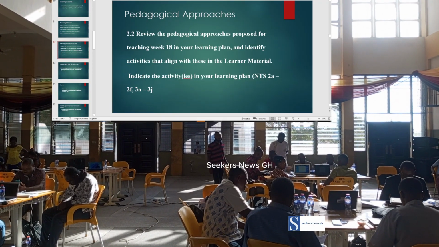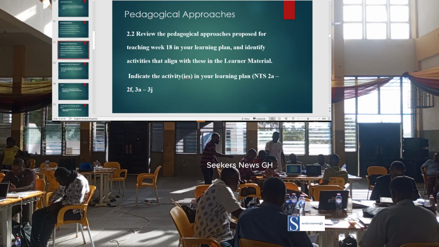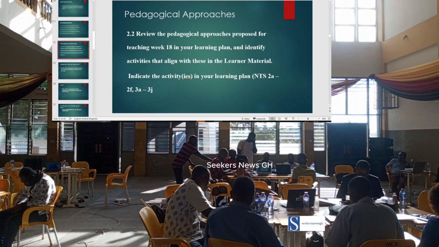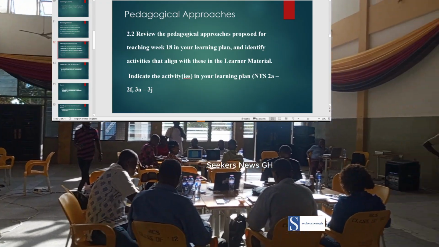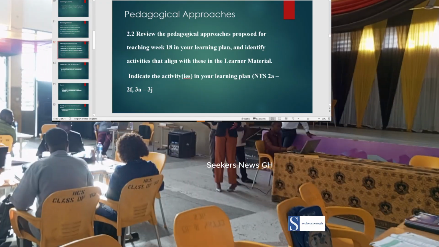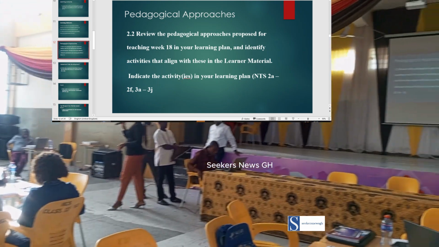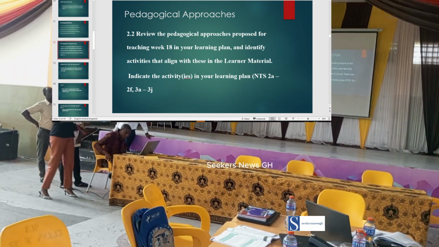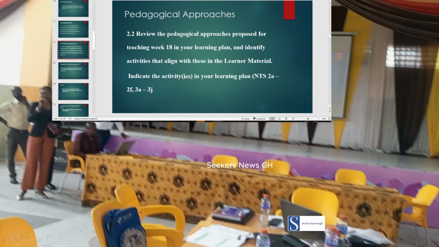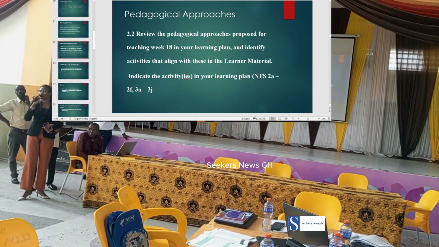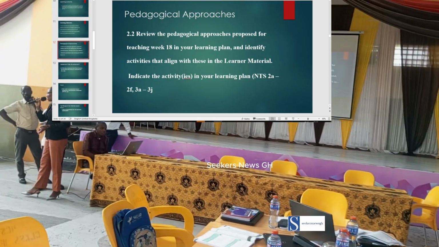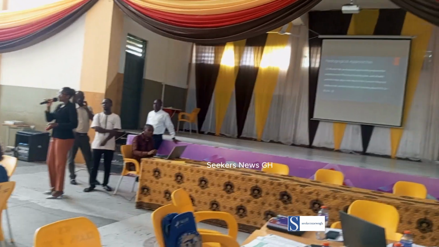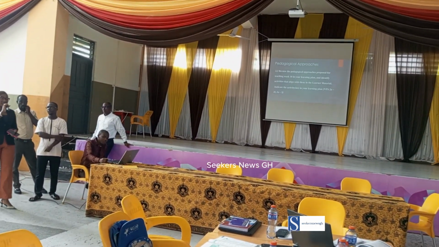At this point, review the pedagogical approach proposed for teaching the particular week in the learning plan, and identify activities that align with those in the learner material. Indicate the activities in your learning plan. The selected activities should be included in the teacher learner activity section of the learning plan.